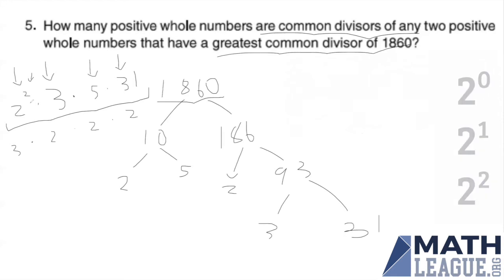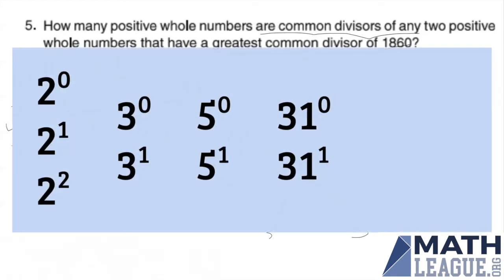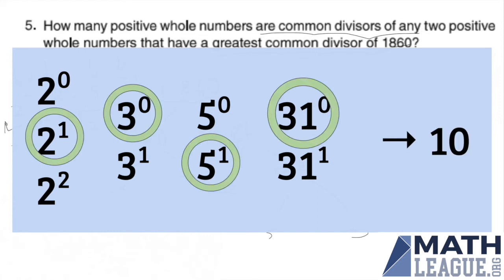The reason we do this is because, for each of the prime factors, you can choose to include it or exclude it from a factor we're building. For instance, we can have 2 to the first power times 3 to the 0th power times 5 to the first power times 31 to the 0th power.